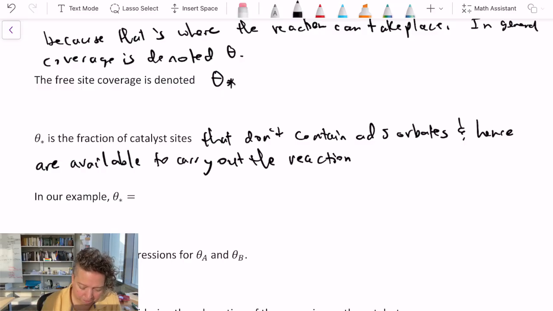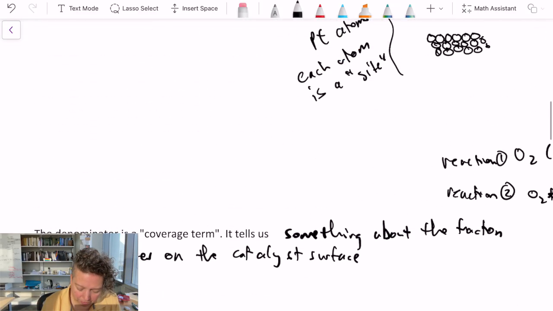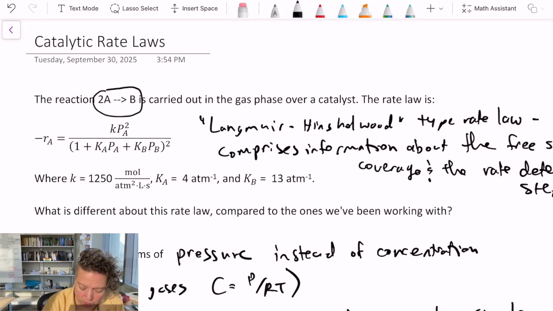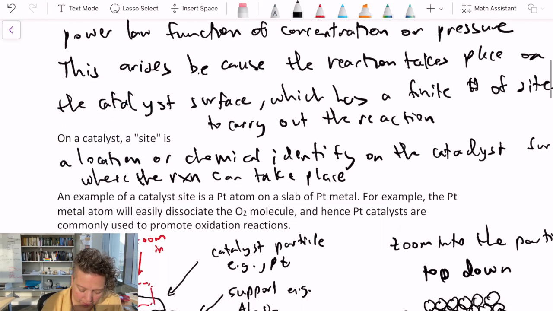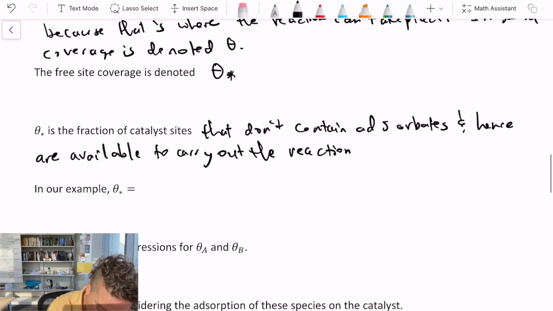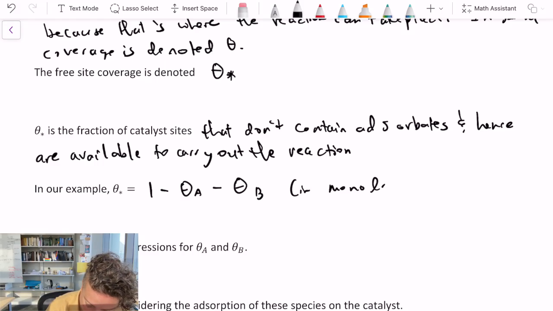In this example, let's go back up here. We have a reaction, 2A goes to B. So conceivably in our system, there are going to be molecules of A and molecules of B, and both of those have the opportunity to adsorb to the catalyst. So in our example, theta star is going to be equal to 1 minus theta A minus theta B if we're thinking in monolayer terms.